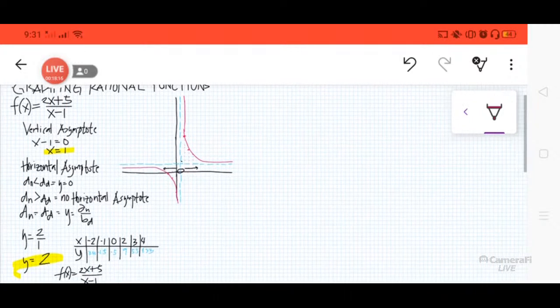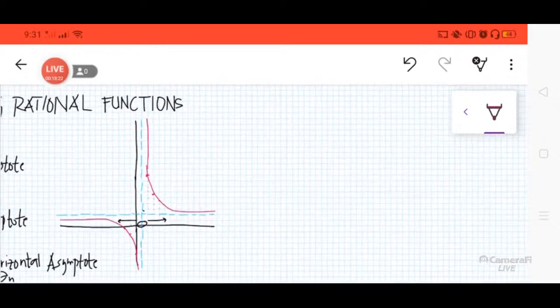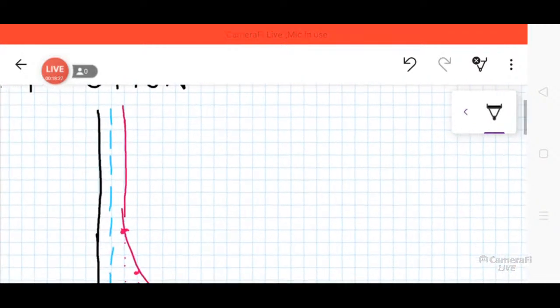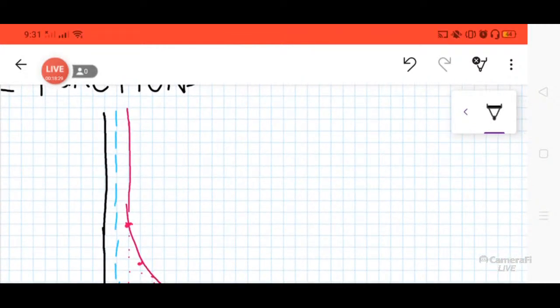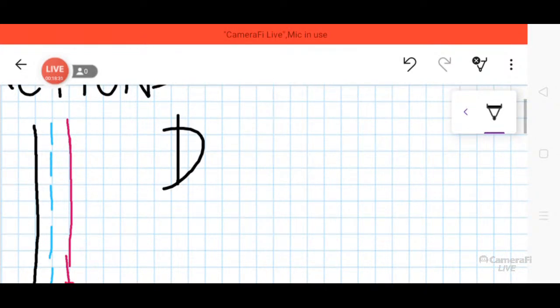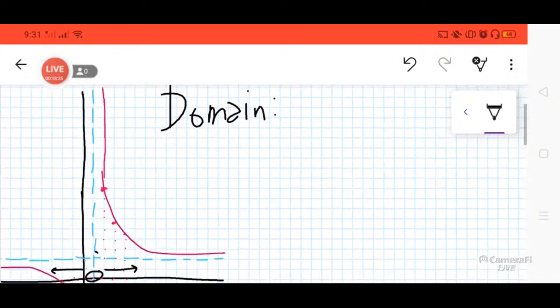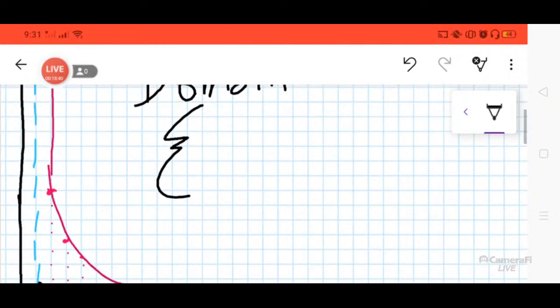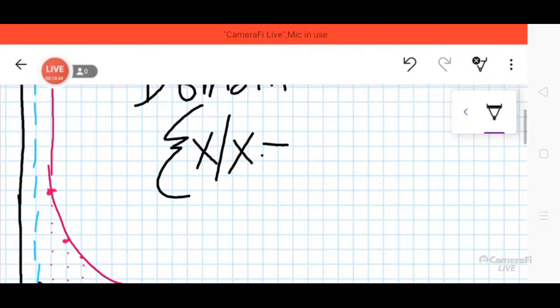Now let's write how to get the domain and range. For our domain, as you can see in the graph, x is not equal to 1.